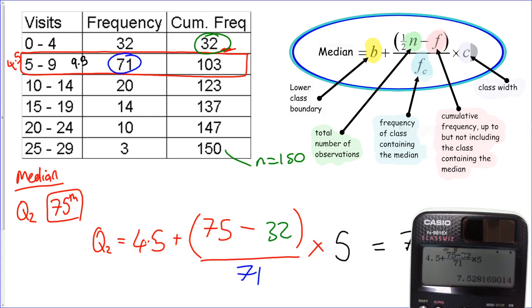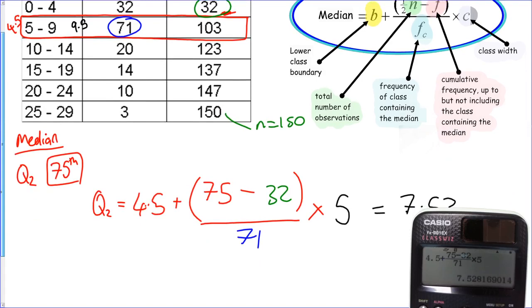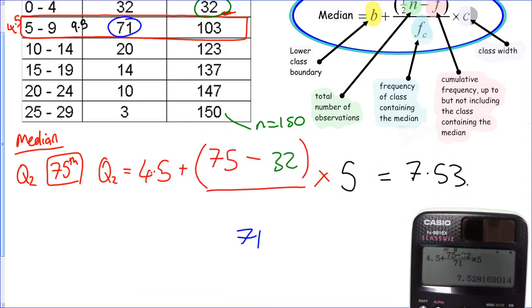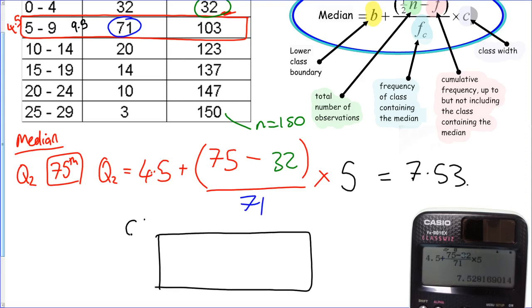To have a look at a graphical method for this, we're going to draw ourselves a box, and this box, some people do it with a line instead of a box, represents the class that we're looking at. I like drawing it as a box. On the top of this box I'm going to put cumulative frequency, and on the bottom of this box I'm going to put my x values.